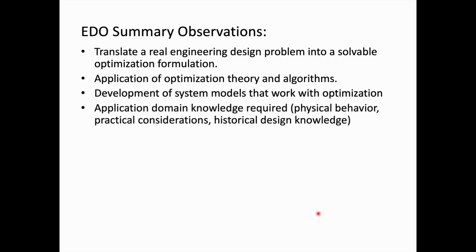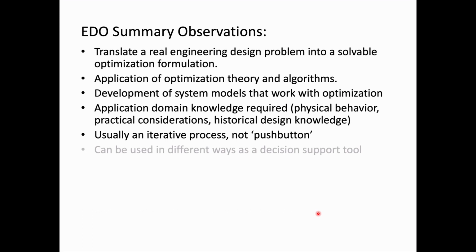It requires application domain knowledge. So, for example, an understanding of the physics behind the systems, practical considerations, often historical design knowledge is useful. This is usually an iterative process. It's not a push-button magic solution approach to engineering design, but it can be used in many different ways as a decision support tool.